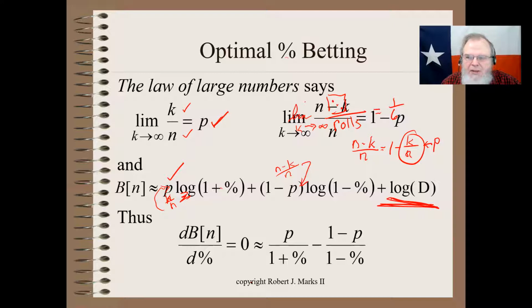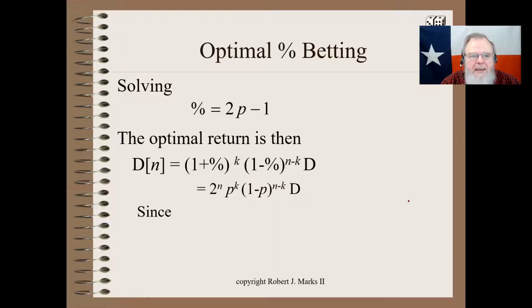So when we take the derivative, this part goes away, and we're left with this result. We set that equal to 0, and solving for it says that the maximum is at 2p minus 1. That's what you should bet.